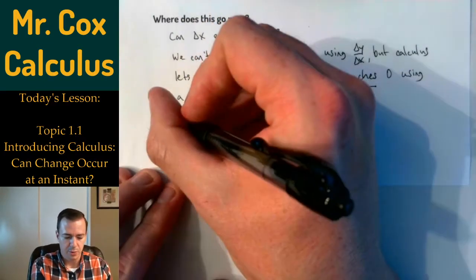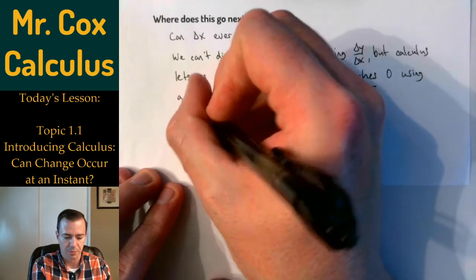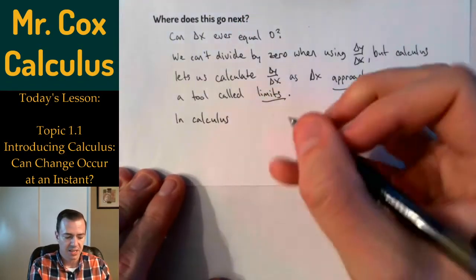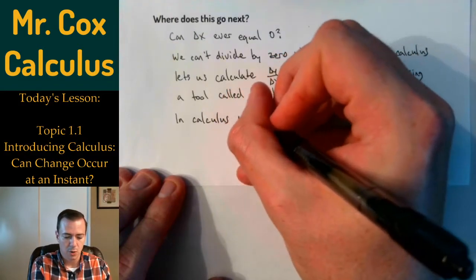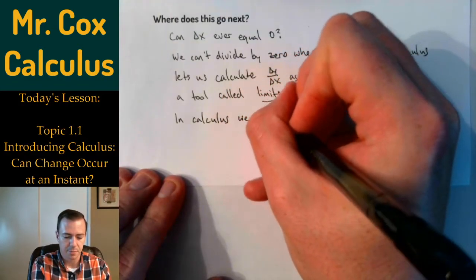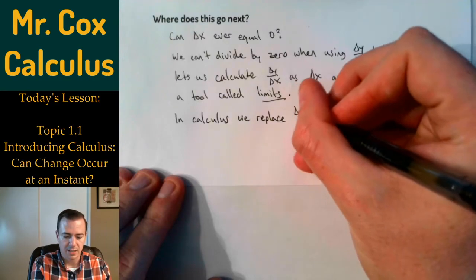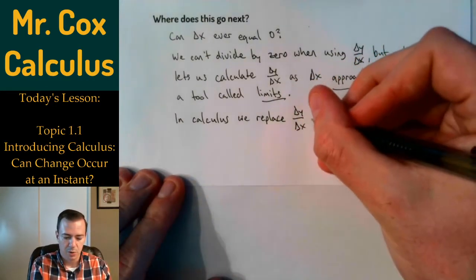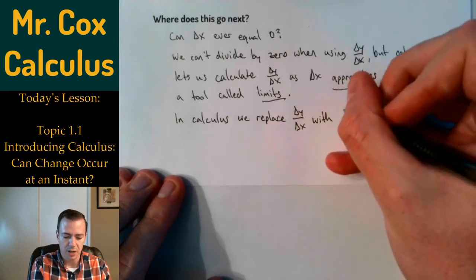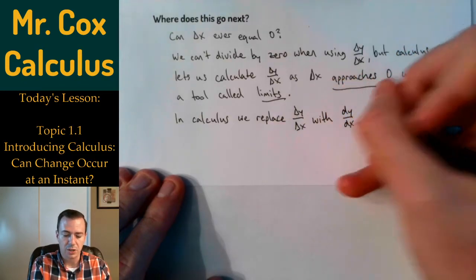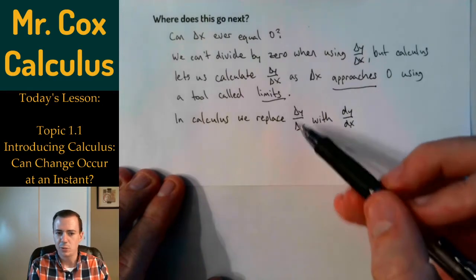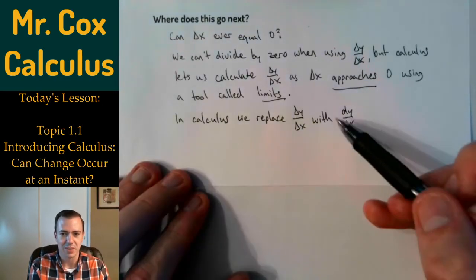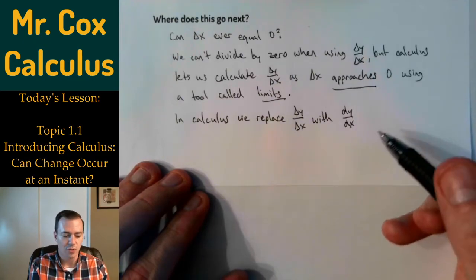And so the other thing that we really want to take away here in terms of setting the table for what's going to come next is that in calculus, we're going to replace your idea of delta y over delta x with this notation, and we'll talk more about it when we get to unit 2. But this delta y over delta x is going to be replaced in your calculus brain with this idea dy over dx.